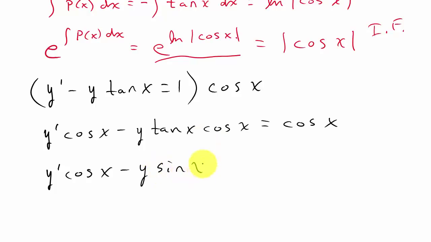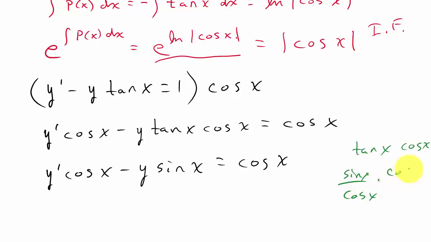Well, that's just sine x, equals cosine x. Okay, so did we see where the sine x comes from? Well, tangent x is sine over cosine, times cosine, and the cosines cancel. And so that's why we're just left with sine here. Alright.